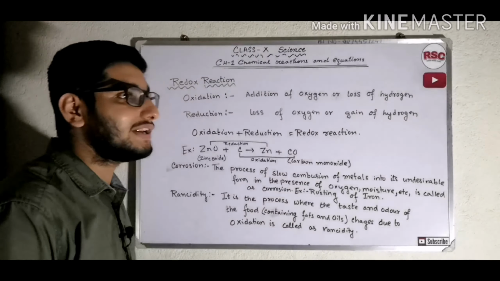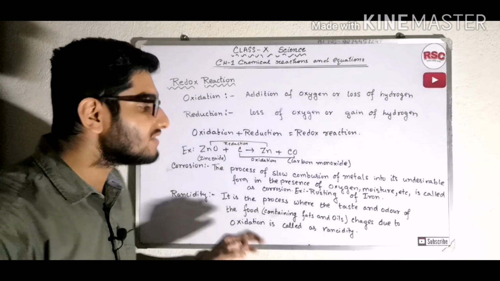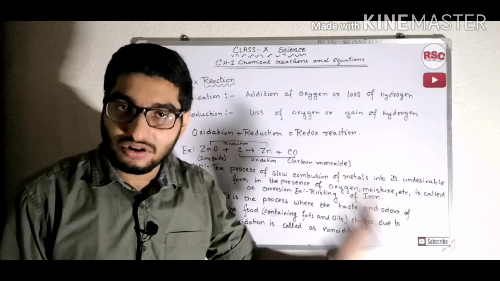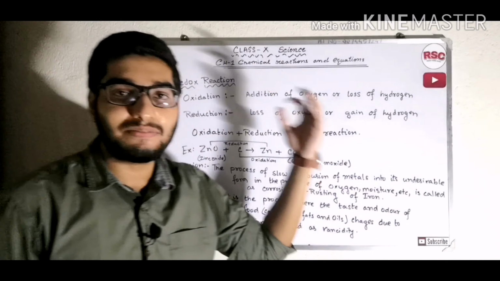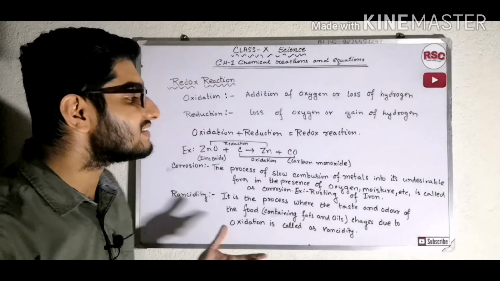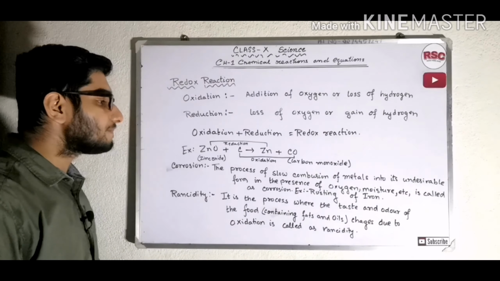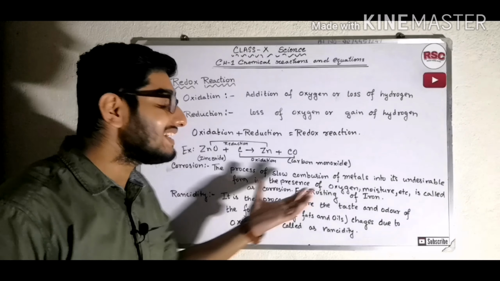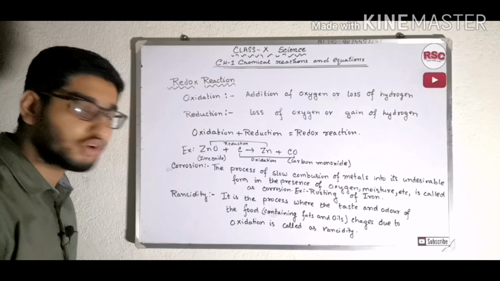Why does this happen? Due to oxidation only, corrosion occurs. When any metal comes in contact with oxygen, moisture, etc., it can be acids also. Many metals corrode in the presence of acid. So that is called corrosion, and an example is rusting of iron. Rusting of iron is a big example of corrosion.